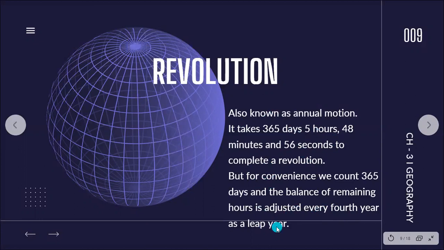That is the reason why one day is added to February and you have 29 days in Feb, making it 366 days. So a leap year has 366 days. Why? Because it is these 5 hours of the previous 4 years that are added to make sure that we are on time. That is known as the leap year.